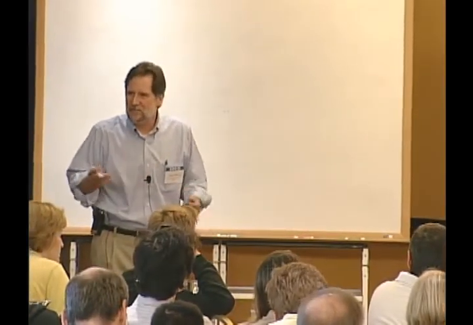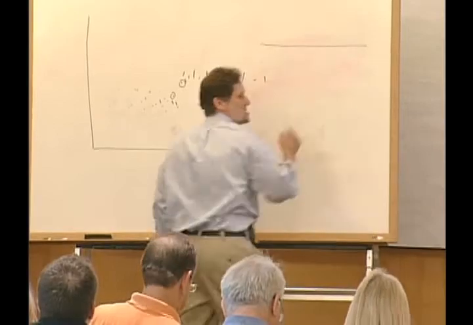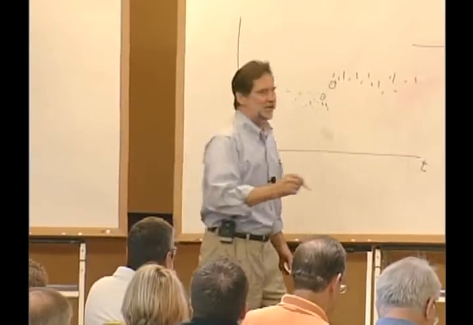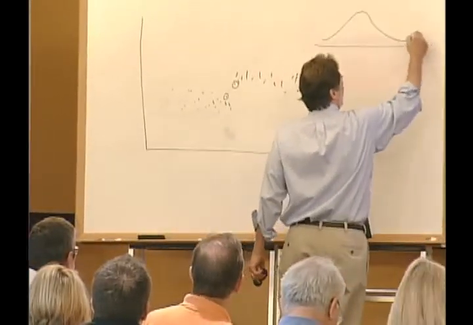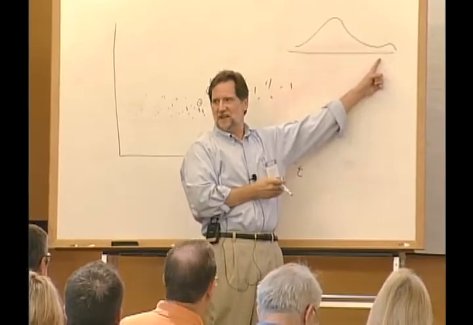Well, it might be kind of hard to tell, right? It depends on what the behavior of epsilon is. If epsilon has some sort of weird distribution, with a bunch of mass out here, there can be some big positive ones.